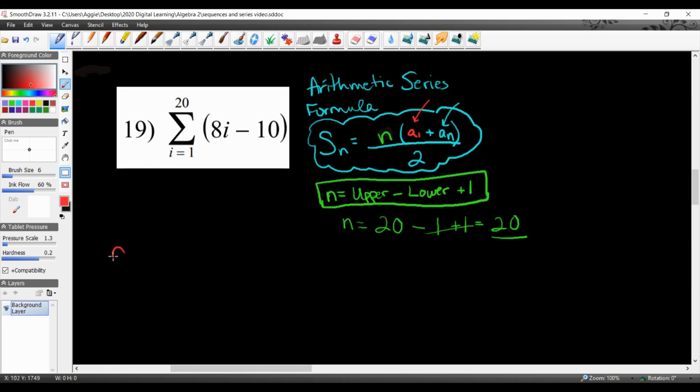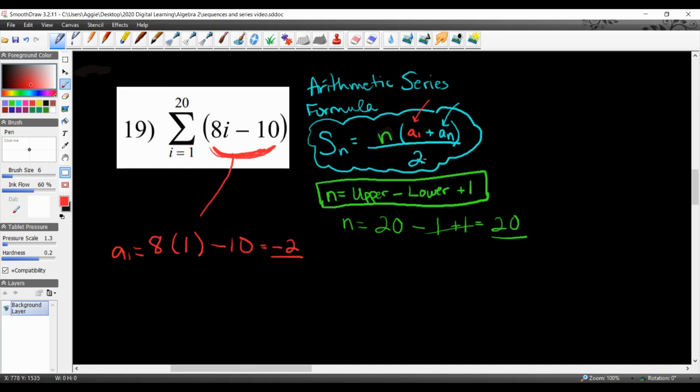So a sub 1 is going to be 8 times 1 minus 10, and I'm just getting that from right here, this part. When I calculate, 8 minus 10 is going to give me negative 2. So that is a sub 1.